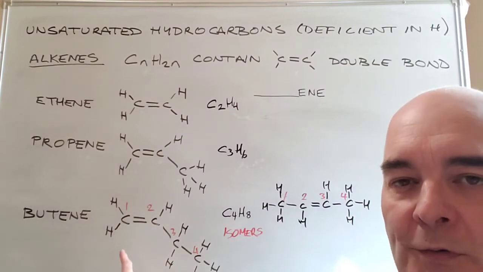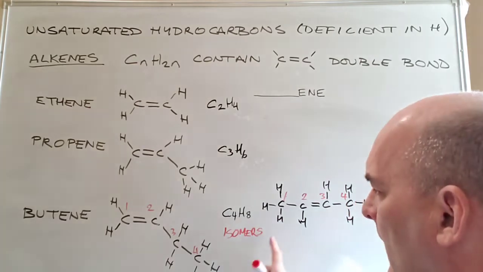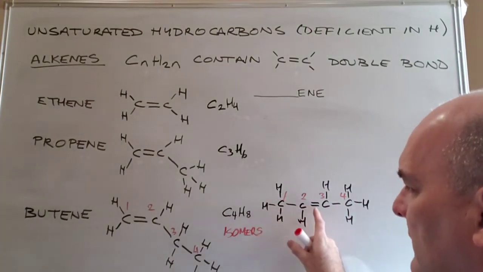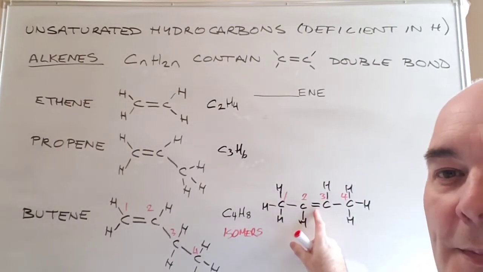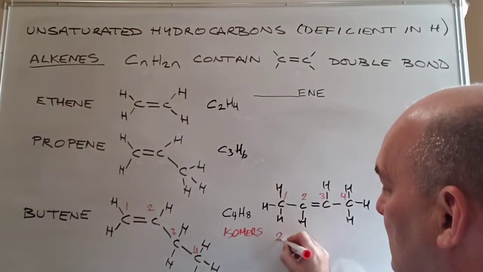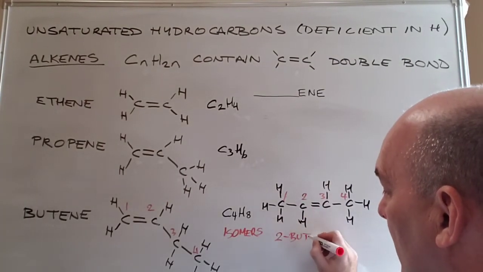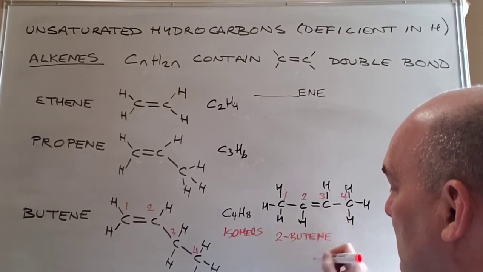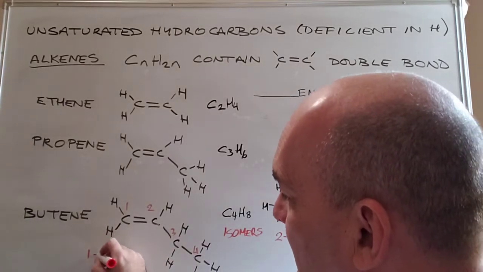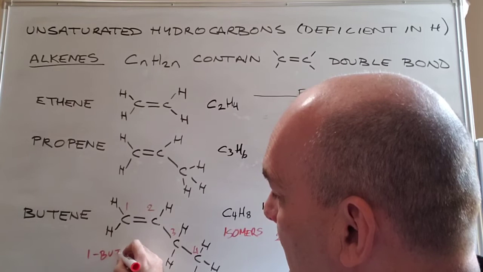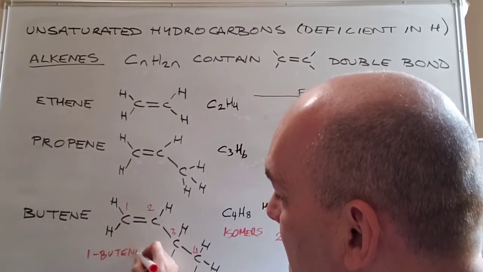This is going to be called 1-butene, and here the double bond doesn't start until carbon number 2. So this isomer is called 2-butene, and this isomer is called 1-butene.